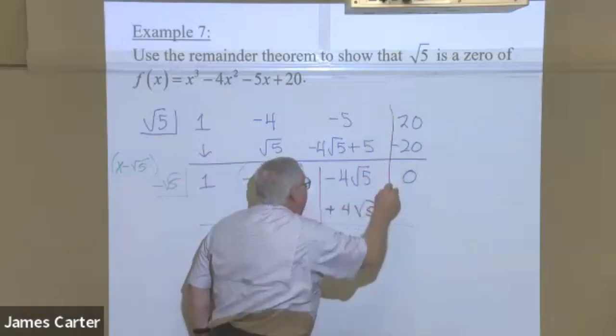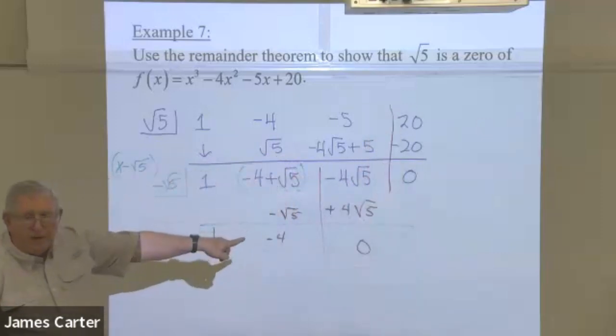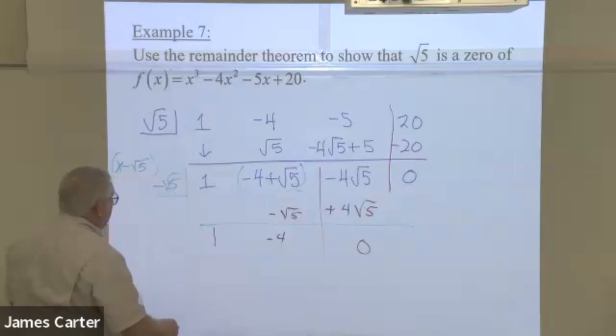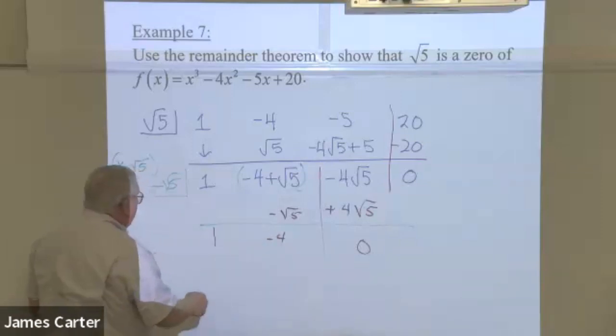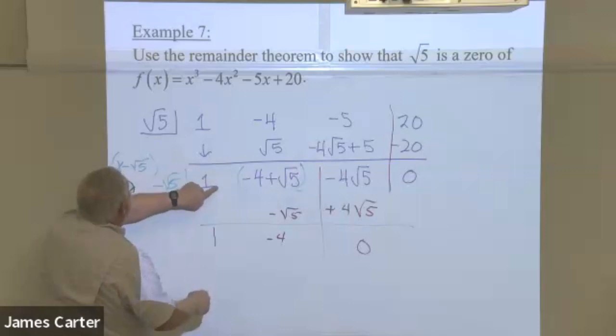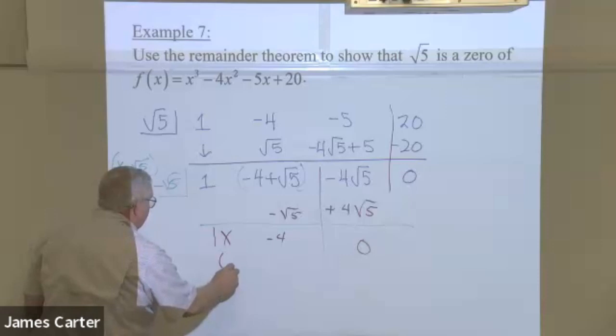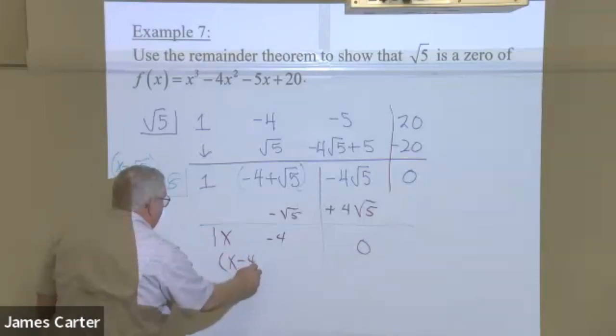Okay, here was my remainder line the first time, there's my remainder line the second time. Now, what does that mean? Well, since it's a 0 remainder, that means I've got this. If this was the x squared term, then this is just simply the x term. So I've got the factor x minus 4.